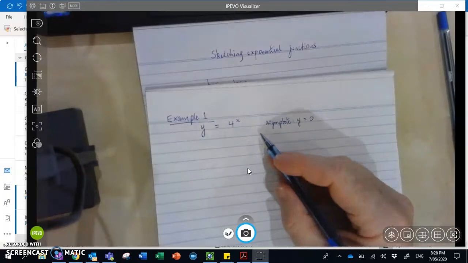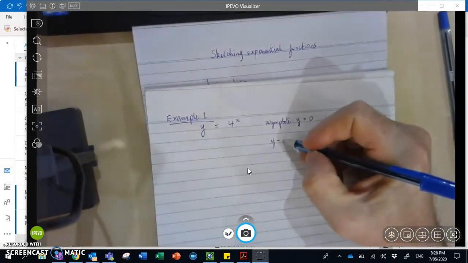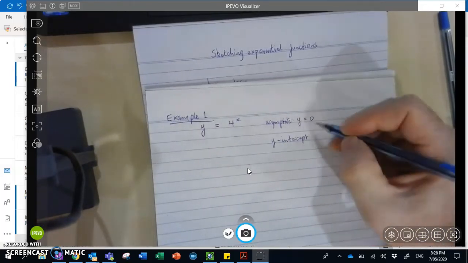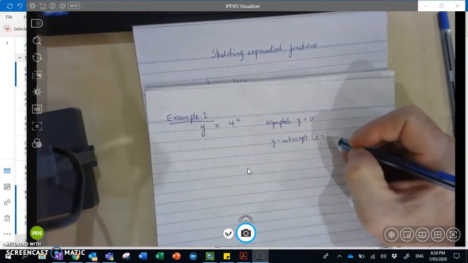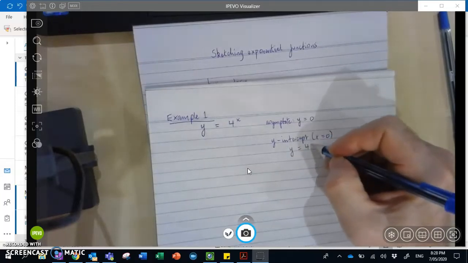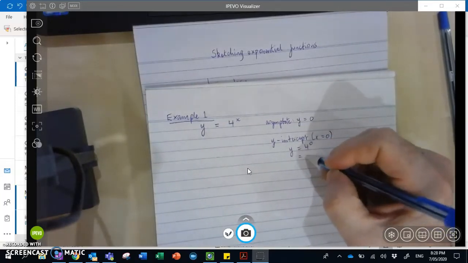Next thing we do is actually try and locate the y-axis intercept, and we know that that occurs when the value of x equals 0. So we will substitute and replace x with the value 0, and 4 to the power 0 is 1.